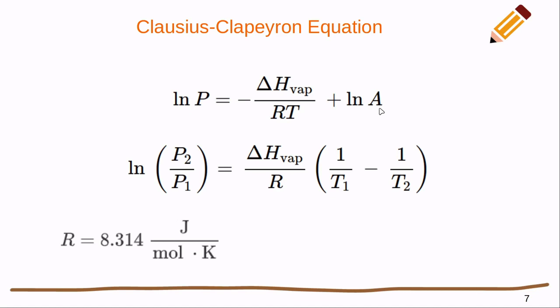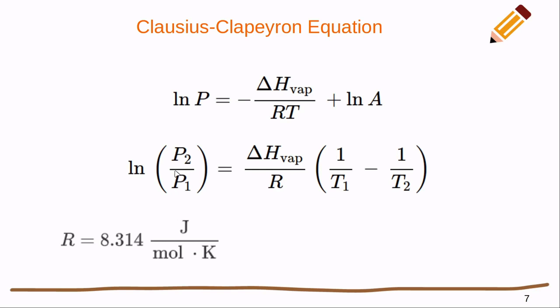This A is specific to which substance we are talking about. So if we know this A value for our substance, then we can use this equation and relate the temperature to the pressure, or relate it to the enthalpy of vaporization that we see. If we didn't know that, what we can still do is relate 2 different states. So we have this other form of the equation down here.